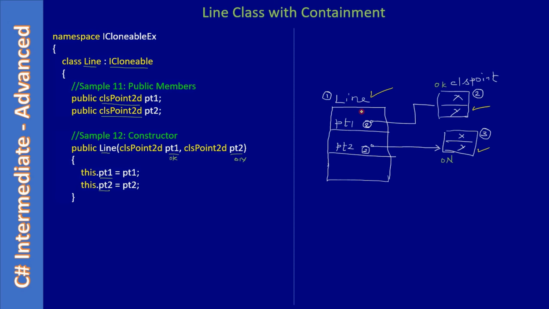That means in the pt1 reference we store 0k and 0n. This means whoever is constructing this Line class already has a heap location for these 2 points. And when they pass those two reference variables, they just pass the address, and the address gets stored inside the Line class members. That's why you see this indirection.